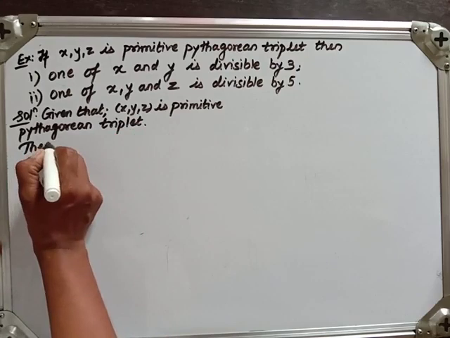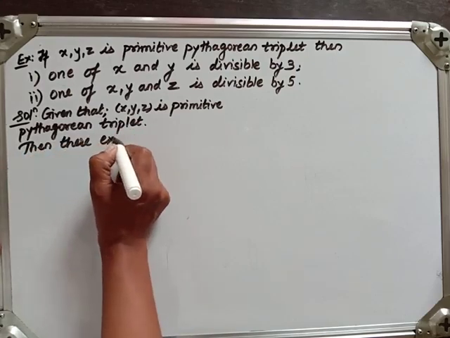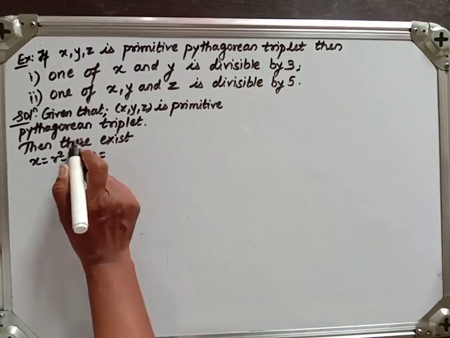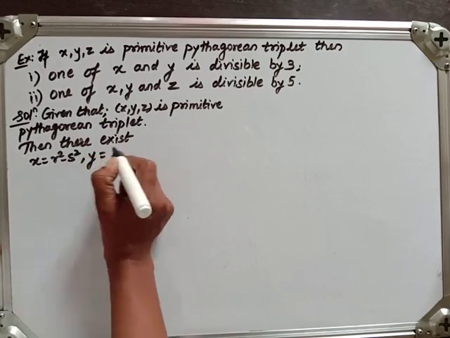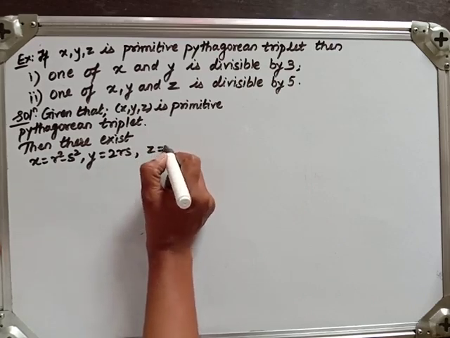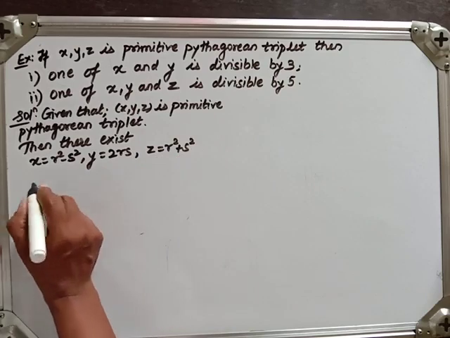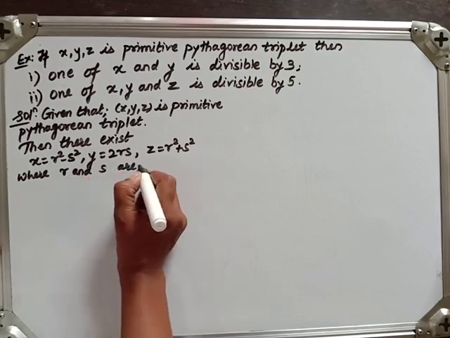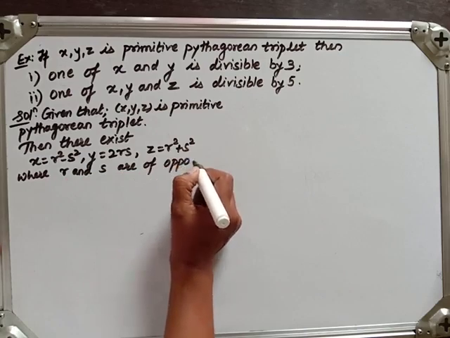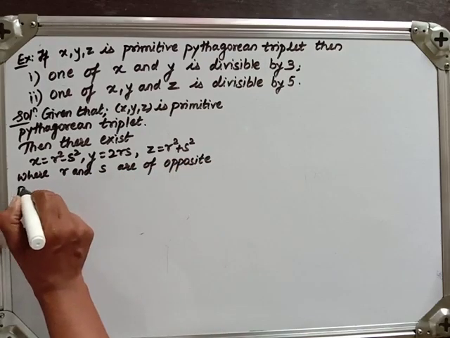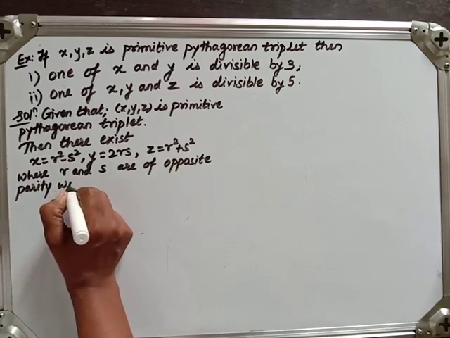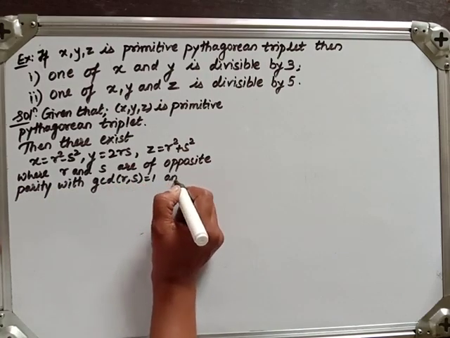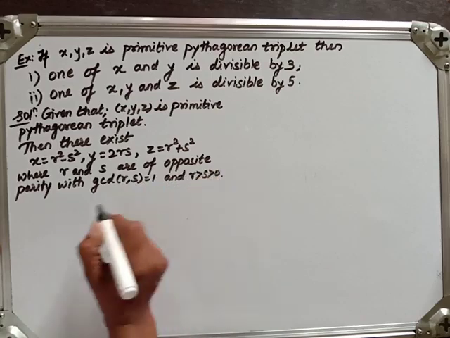Then there exist x is equal to r square minus s square, y is equal to 2rs and z is equal to r square plus s square, where r and s are of opposite parity, with GCD of r and s is 1 and r greater than s greater than 0.